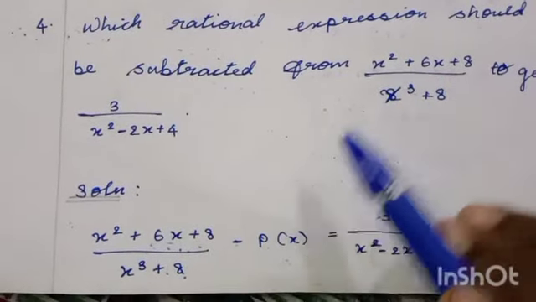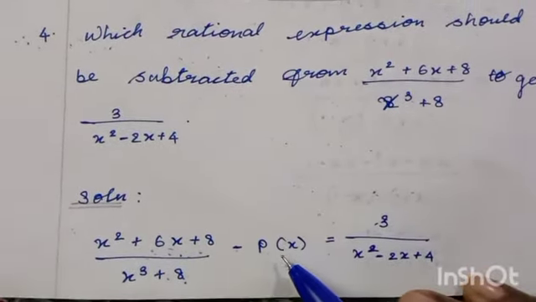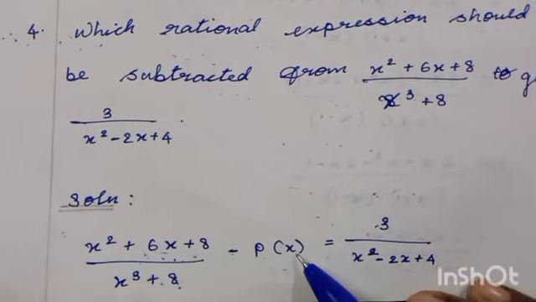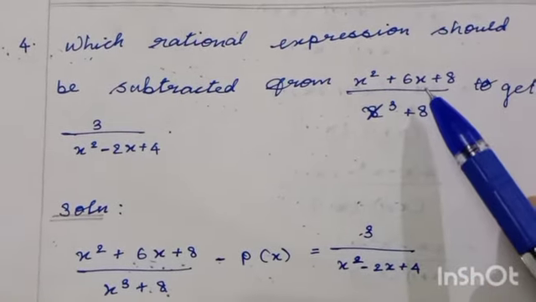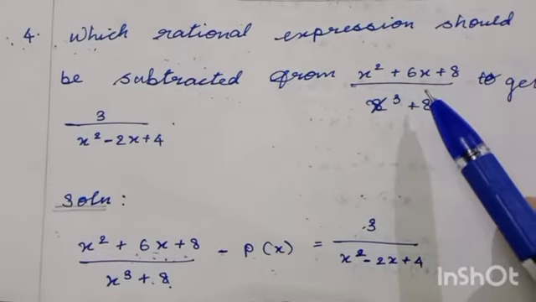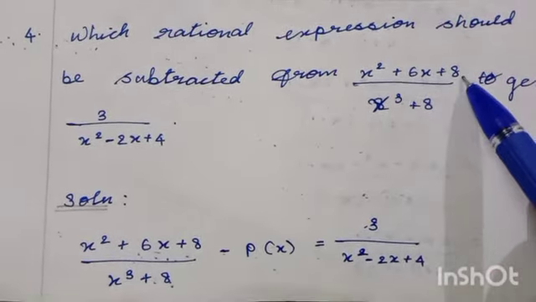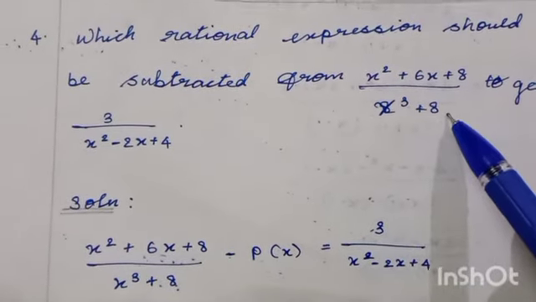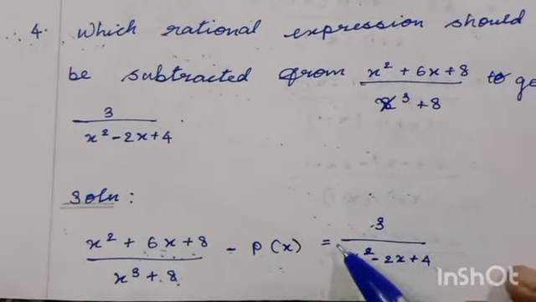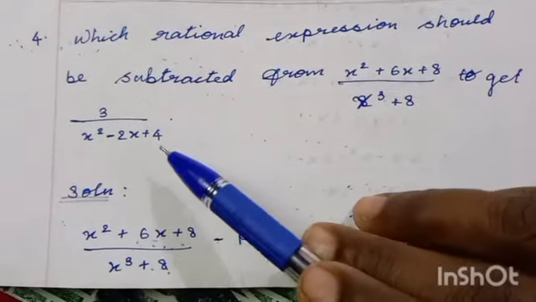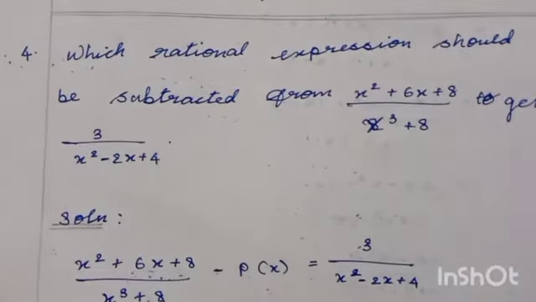The given problem is rewritten in this form. That unknown expression we consider as p of x. So that is, (x square plus 6x plus 8) whole divided by (x cube plus 8) minus p of x is equal to 3 by (x square minus 2x plus 4).